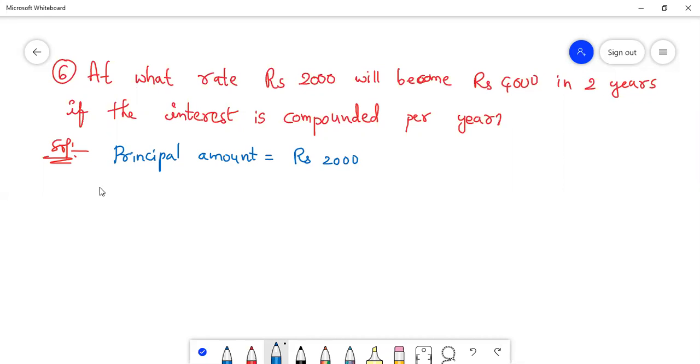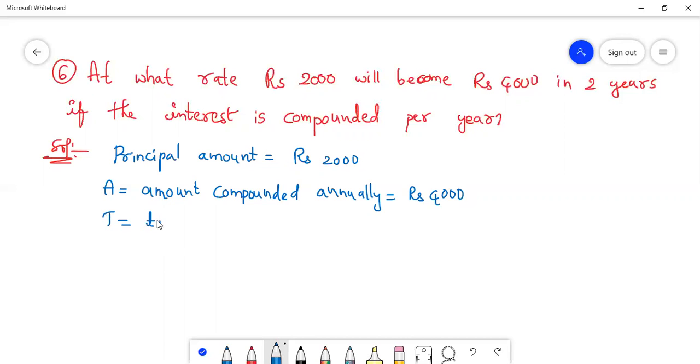Will become 4000 means A, the amount compounded annually, is equal to rupees 4000. And the time T, the time period, is equal to 2 years. It is n.